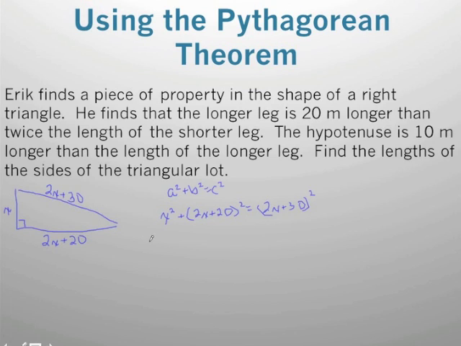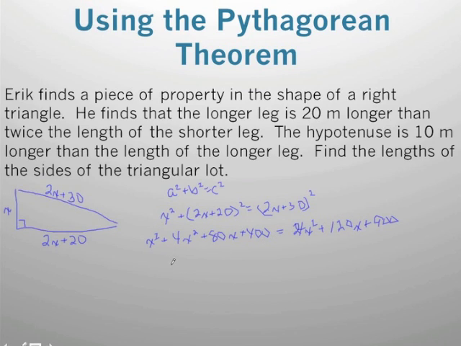I have to do some multiplying here. x squared plus 4x squared plus 40, double it, 80x plus 400 equals 4x squared plus 60, double it, 120x plus 900.